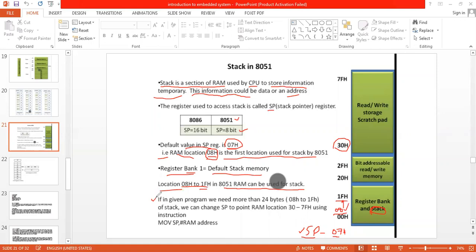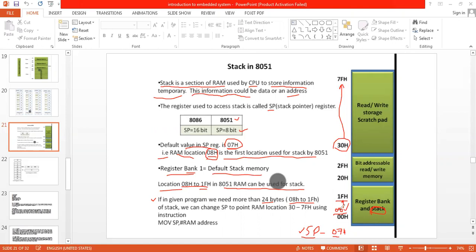If a given program needs more than 24 bytes, that is, more than this 08 to 1FH which is the default, and I want more stack memory, then I can change the value of SP to 30 to 7FH.